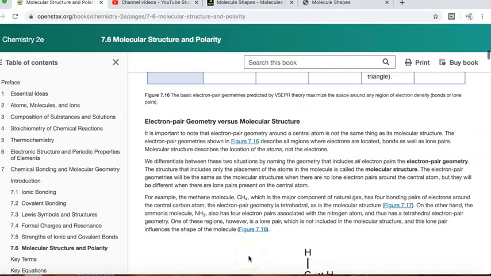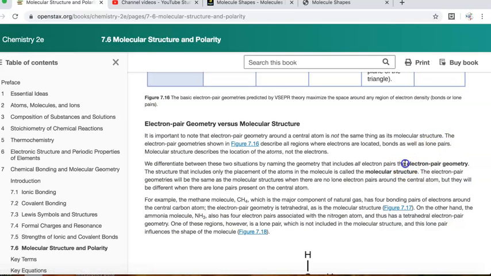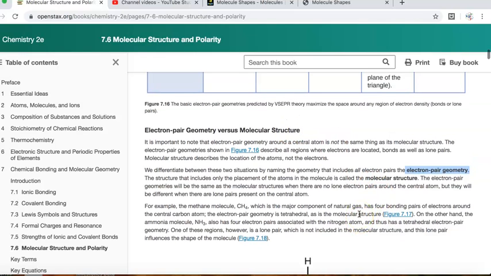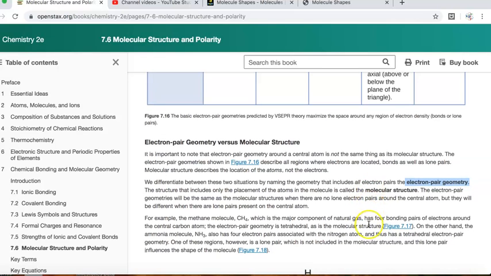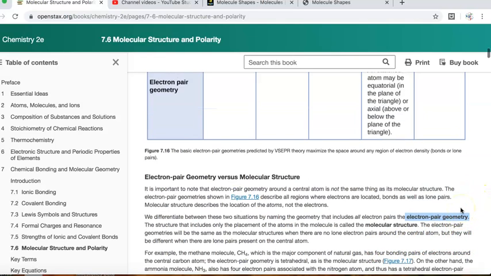So I refer to electron pair geometry sort of as the parent. And then when you start to add lone pairs, its structure is going to change. Now, if you don't have lone pairs, electron pair geometry and the molecular structure are going to be the same. But if you do have lone pairs, that's when the molecular structure and the electron pair geometry can differ.